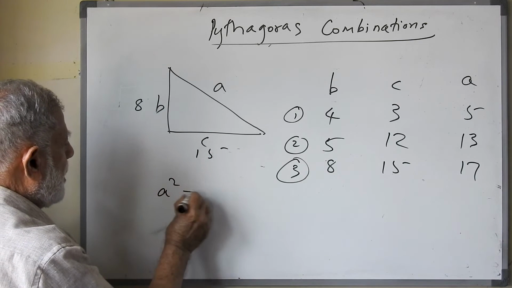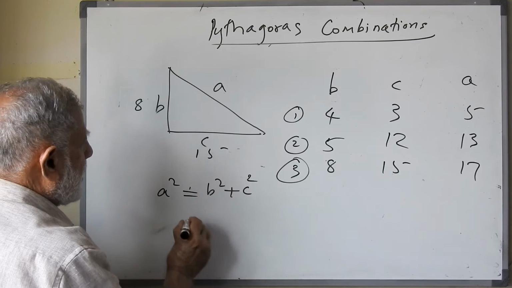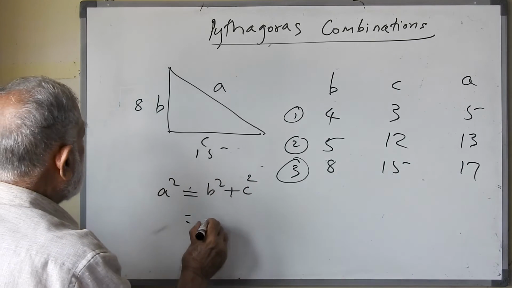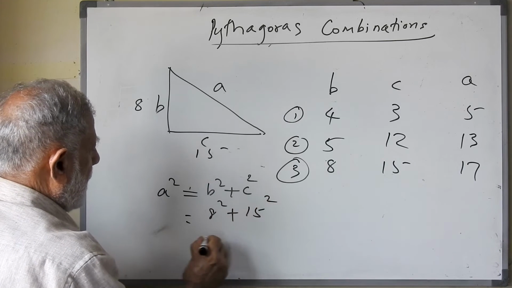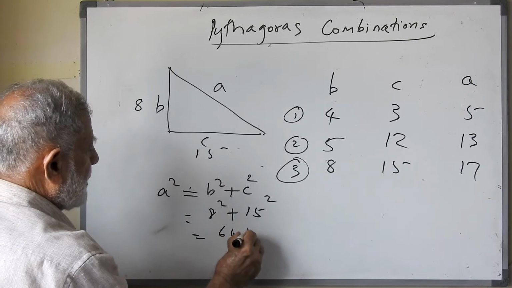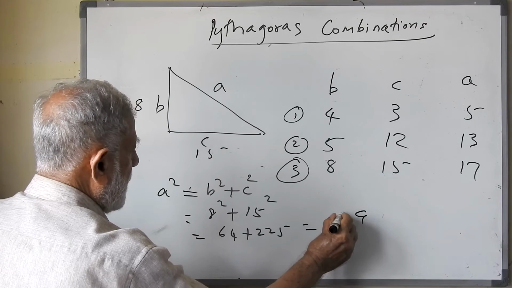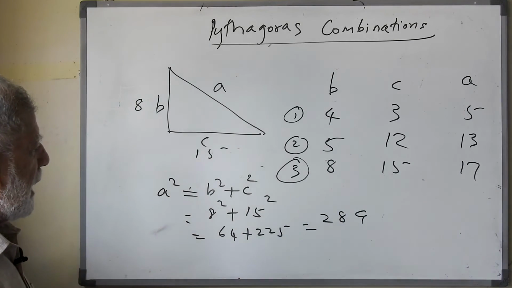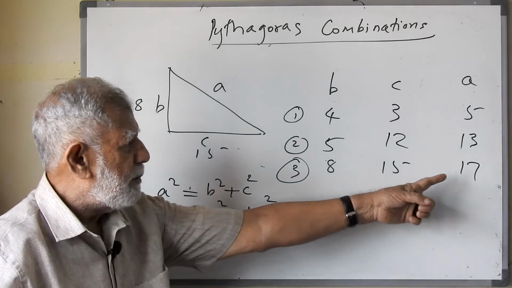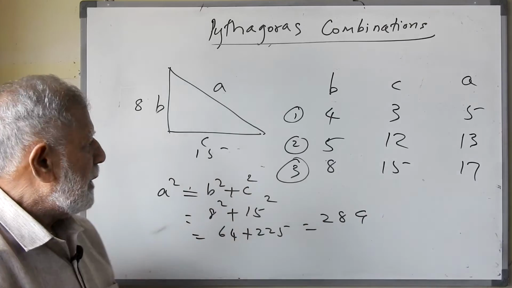A squared is equal to B squared plus C squared, that is equal to 8 squared plus 15 squared. That is equal to 64 plus 225. That is equal to how much? 289. 289 is equal to 17 squared. So 8, 15, 17 is another combination.